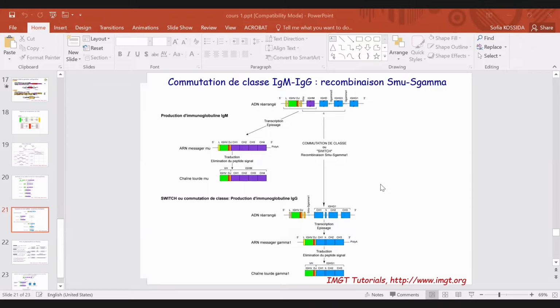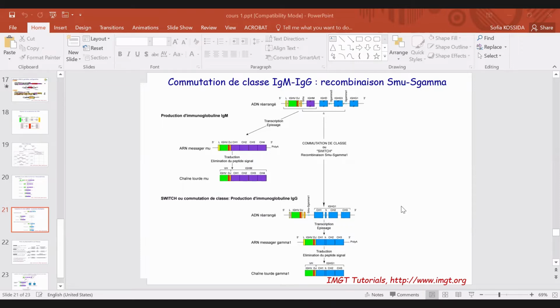Right. You might be asking me, why do we need to know all these details? They're extremely important for people who work in the field of immunogenetics, and anything that has to do with drug development, or more precisely therapeutic monoclonal antibodies. People need to know these details, because they will have to choose, for instance, which isotype gives better efficiency than another.